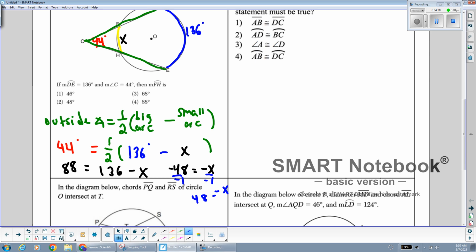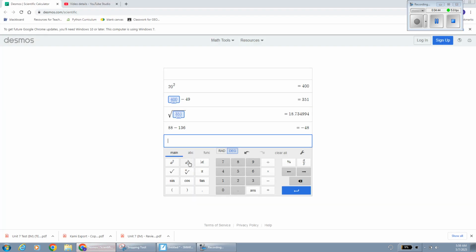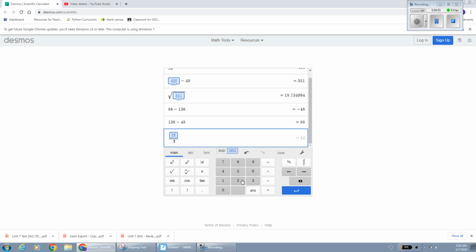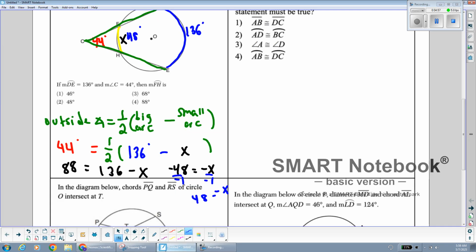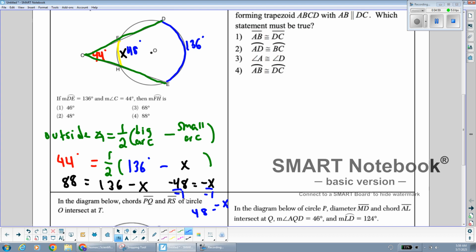And that x represents the small arc. We can test it out: if we subtract 136 minus 48 and then half that, we get the outside angle. So it does work.